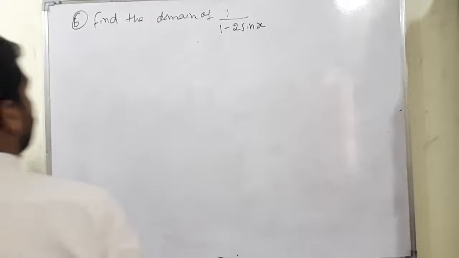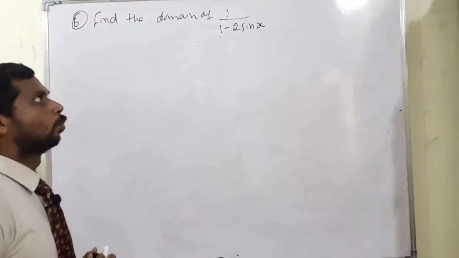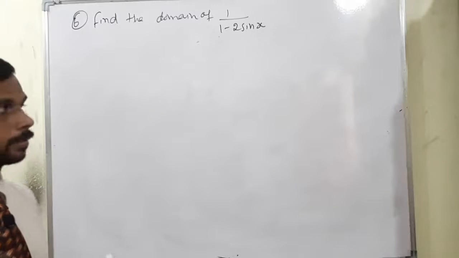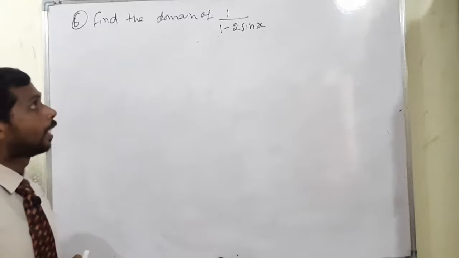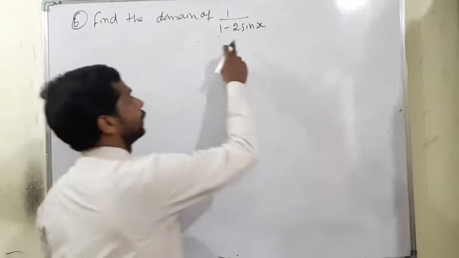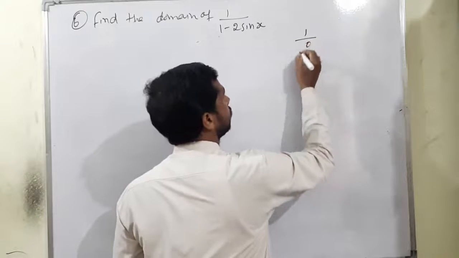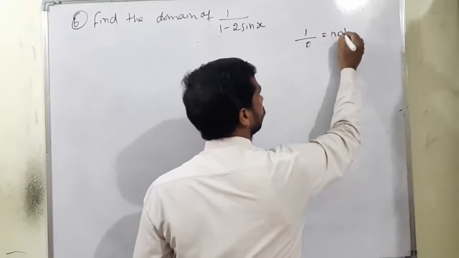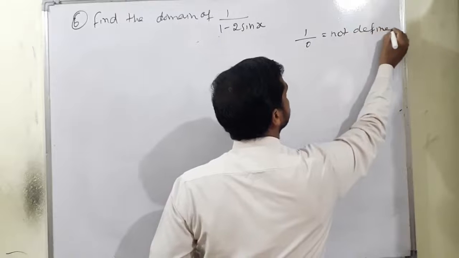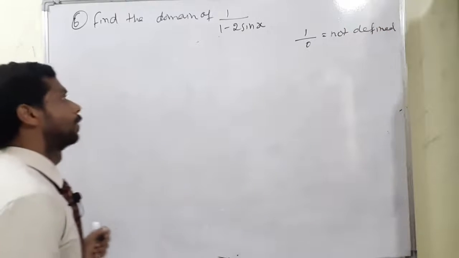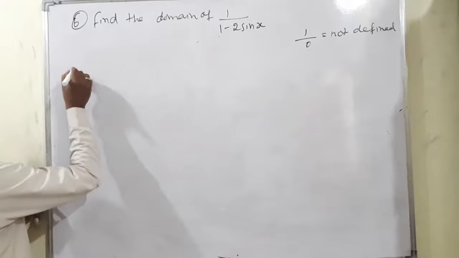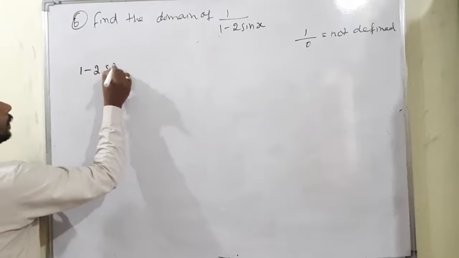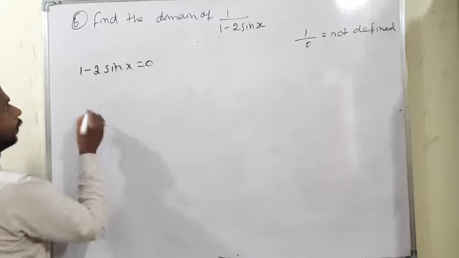Question number 6. Find the domain of 1 by 1 minus 2 sin x. So all the real values we can say are the domain except where the denominator is 0. Why except 0? For example, 1 divided by 0 is not defined. Therefore the denominator 1 minus 2 sin x is equal to 0.